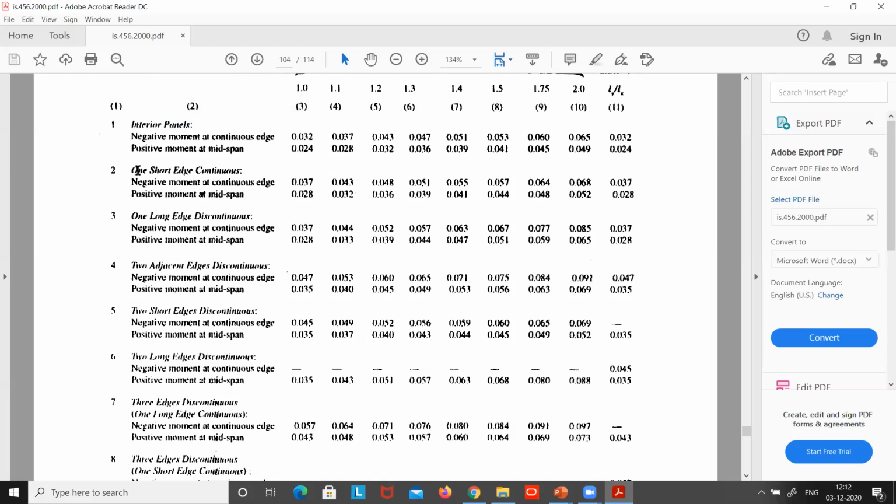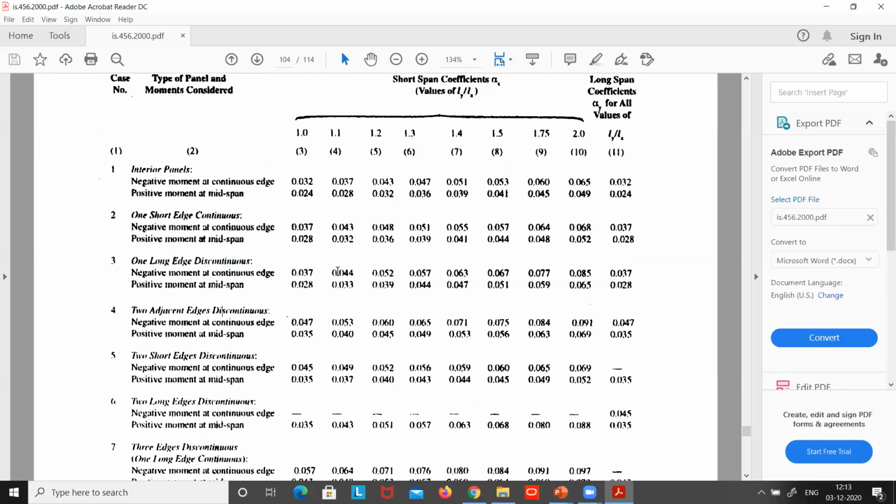The second condition is one short edge discontinuous, but it is not the condition in the question. The third condition is one long edge discontinuous. Even this is not the condition given in the question. Next, the fourth condition is two adjacent edges discontinuous. This one.